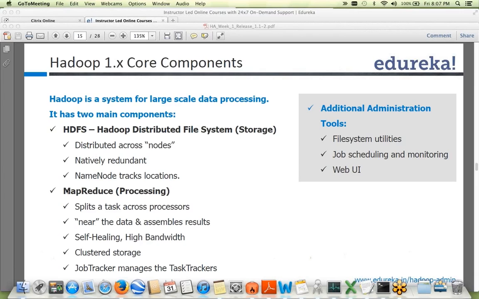And then the second main component is MapReduce. So HDFS is the storage layer, and the computation or processing layer is MapReduce. So what happens is, whenever something comes in, people are going to try to run jobs. So the data would be on HDFS. Suppose there's an input directory where you have two files and you are going to do some processing on this.